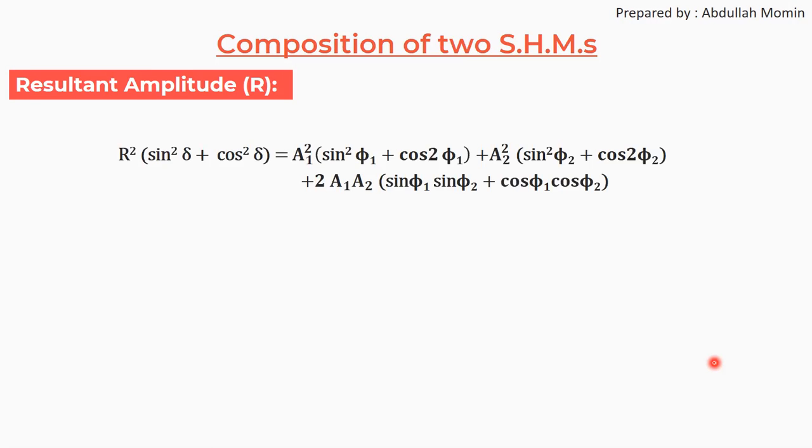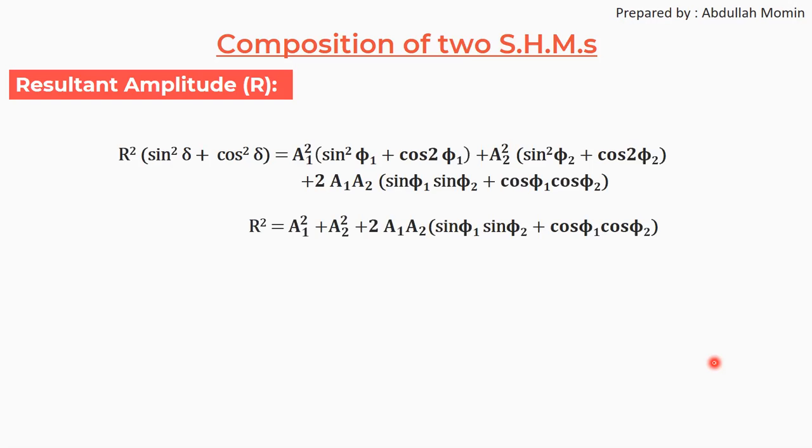So r square sine square delta plus cos square delta is equal to a1 square sine square phi 1 plus cos square phi 1 plus a2 square sine square phi 2 plus cos square phi 2 plus 2a1 a2 sine phi 1 sine phi 2 plus cos phi 1 cos phi 2.